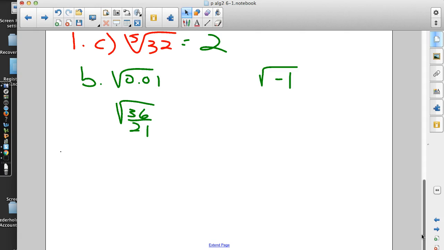Remember, this is square root this time, so it's an even root. 2 slots to fill. Write down the answers to all 3 of those.